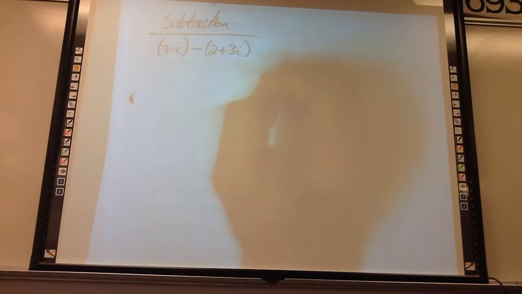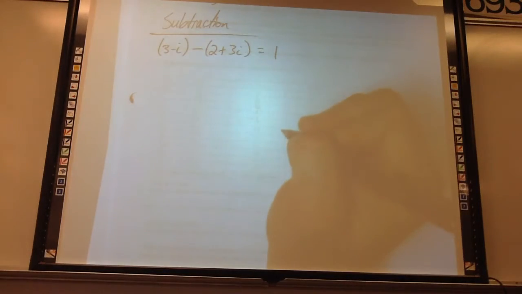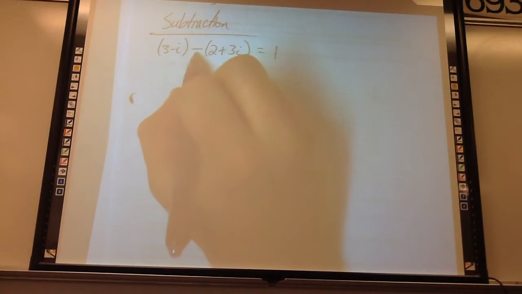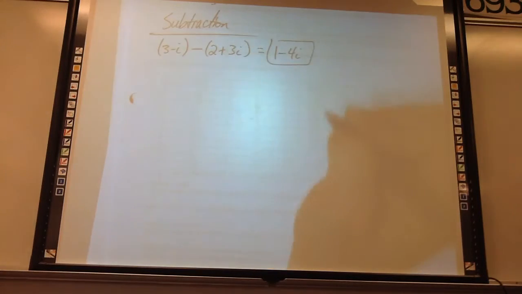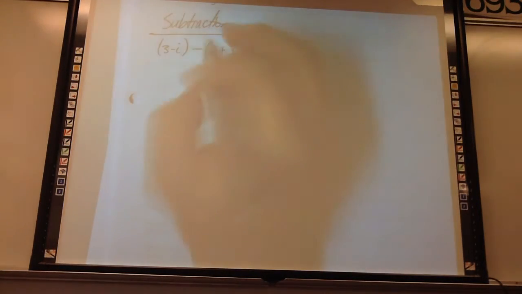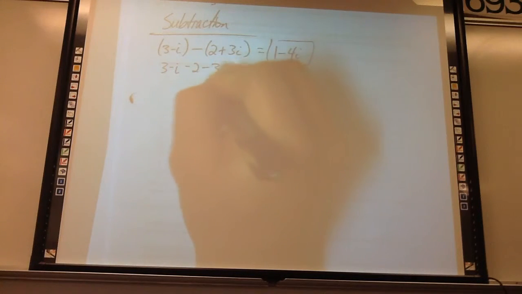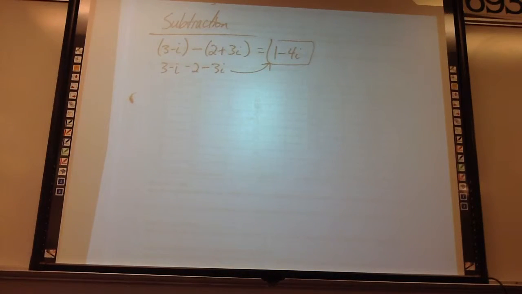So you go 3 minus 2, 1. Negative i minus 3i, negative 4i. If you want, you could rewrite it. You could go 3 minus i, minus 2, minus 3i. You do that, right? Distribute the negative, or subtract everything in the parentheses.